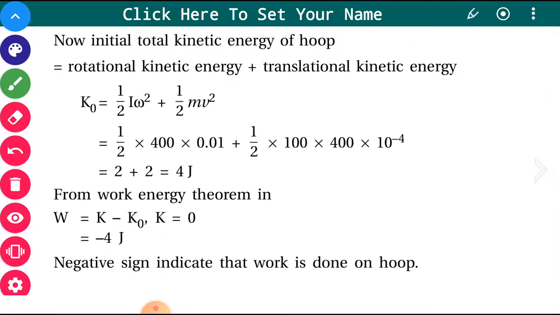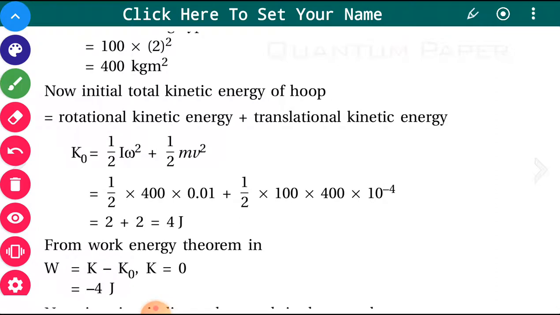I, that is moment of inertia, we also just now found, 400 kg meter square. So put these values here, and mass, then 1/2 mv square. Just calculate it, and it is found to be 4 joule.